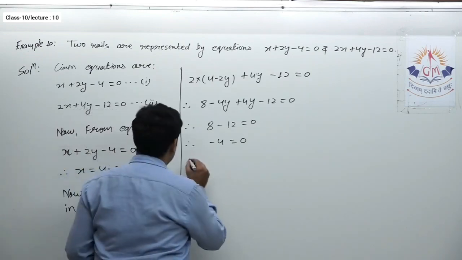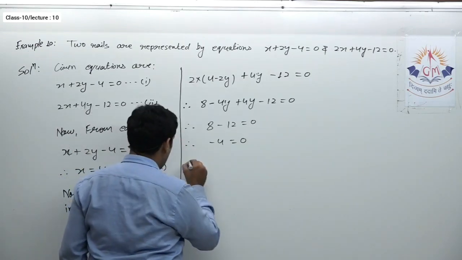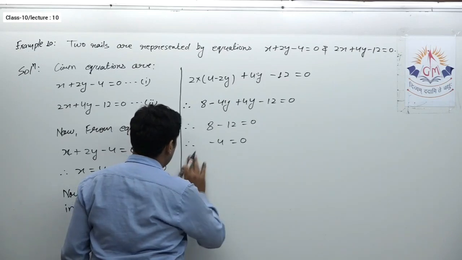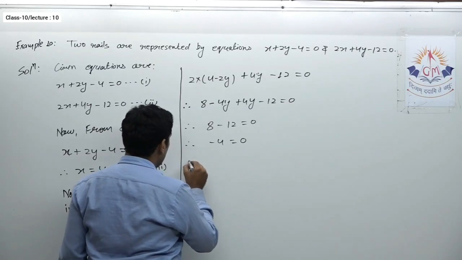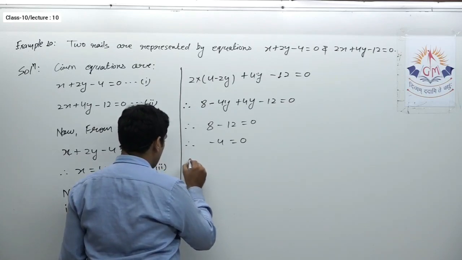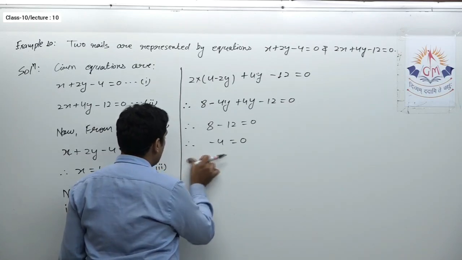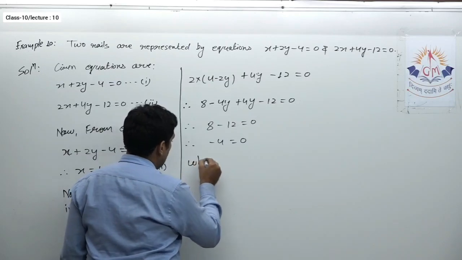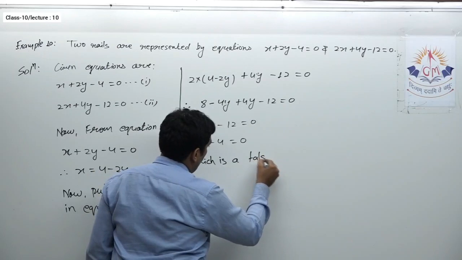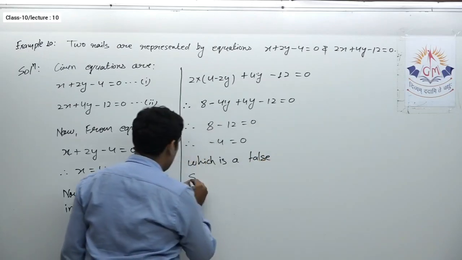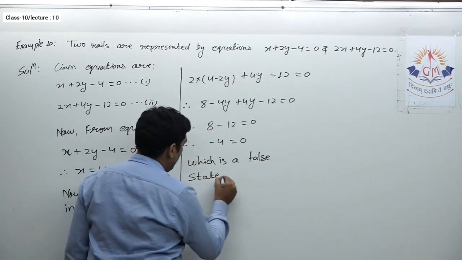Therefore, minus 4 equal to 0, which is a false statement.